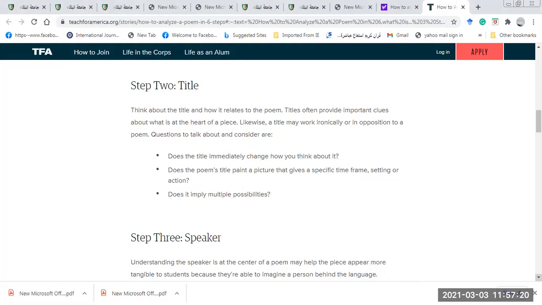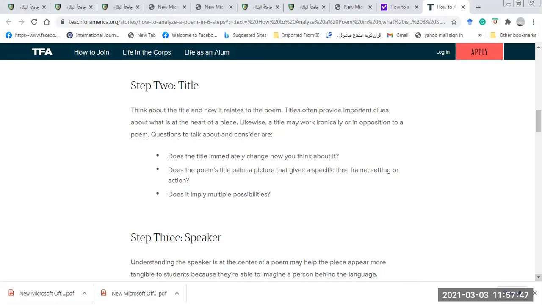So, most of the time, they provide us with important clues about what is at the heart of the poem. Likewise, a title may work ironically, sometimes the opposite, okay? Or in opposition to a poem. In this case, you will ask yourself why.